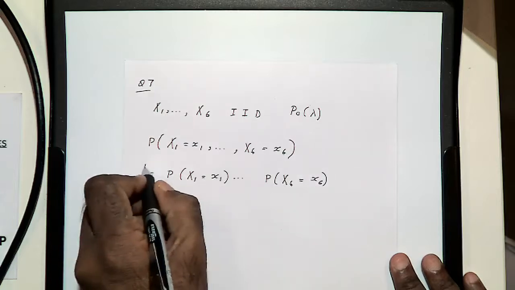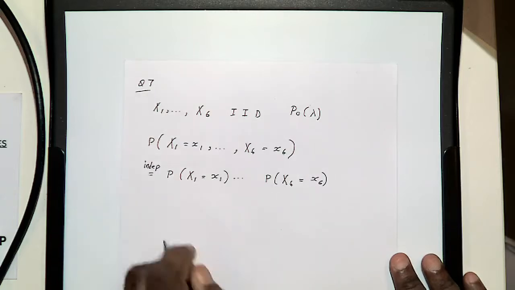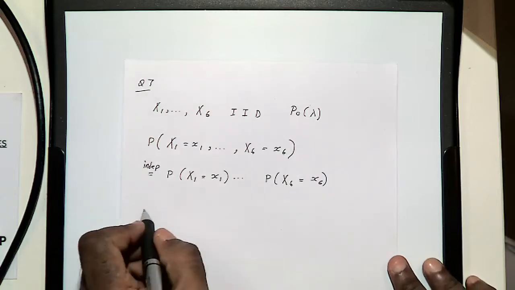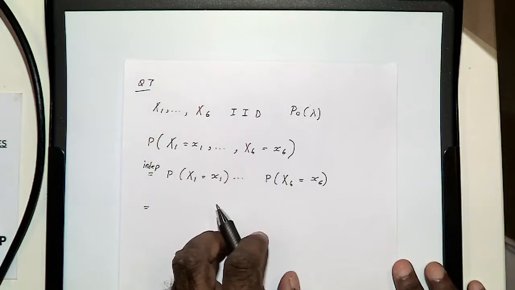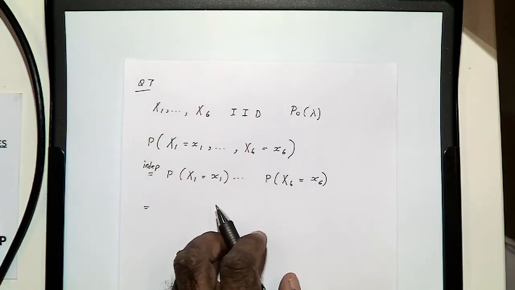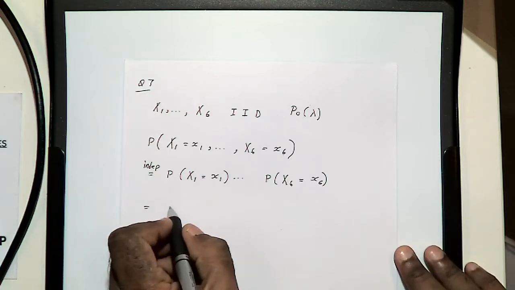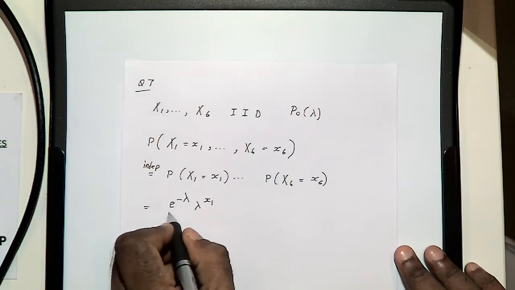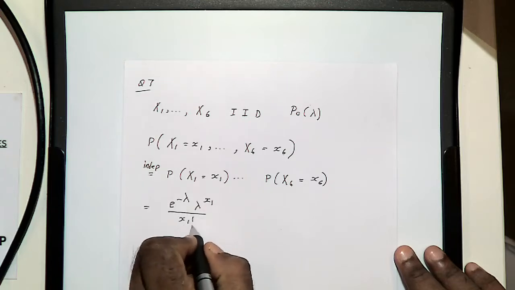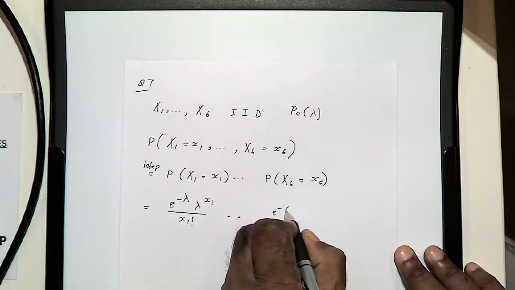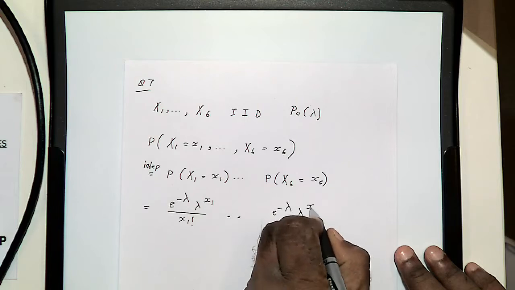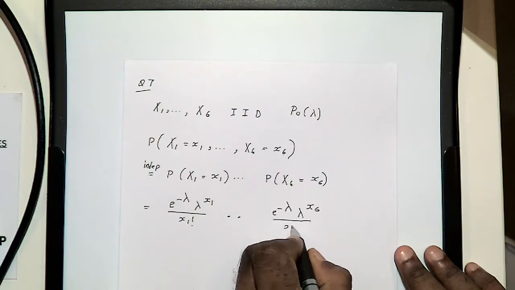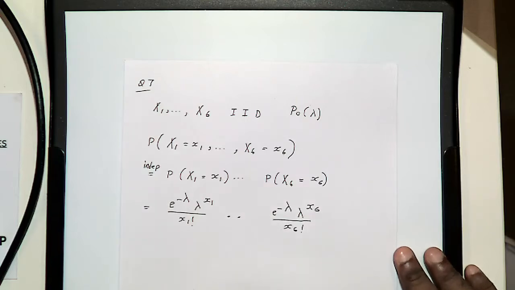Because of independence, right? And now you should know the probability mass function of a Poisson. I mean, it's in one of the links. If you go to the course website, you will see the PMF of a Poisson is e to the minus lambda, lambda power x1, divided by x1 factorial, like this, right?